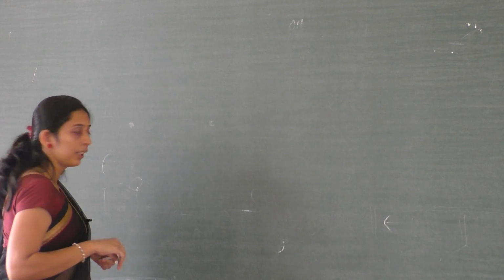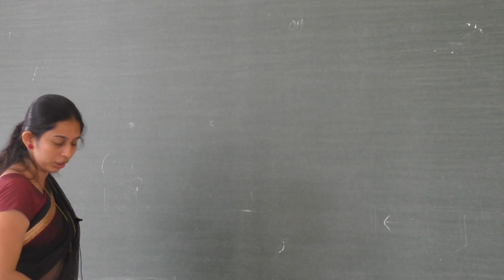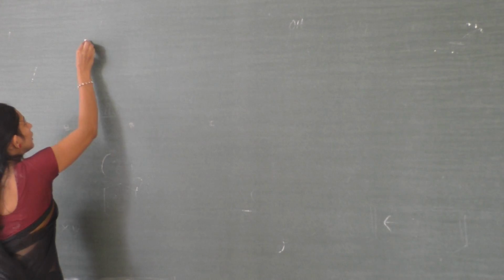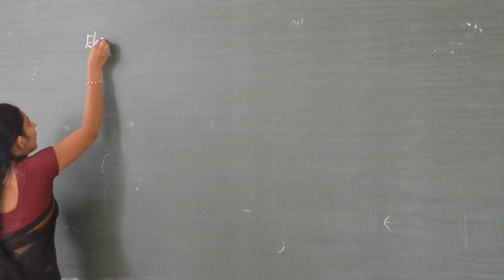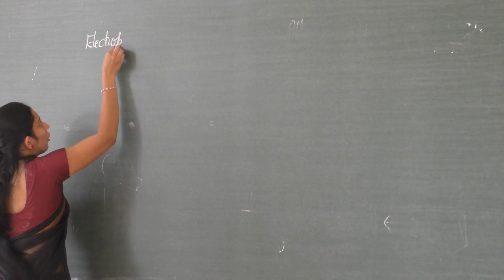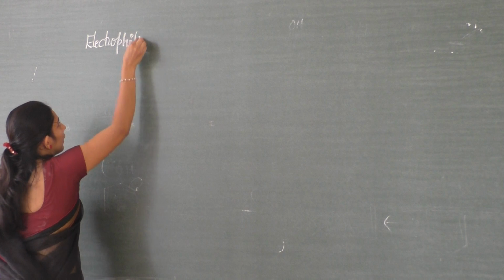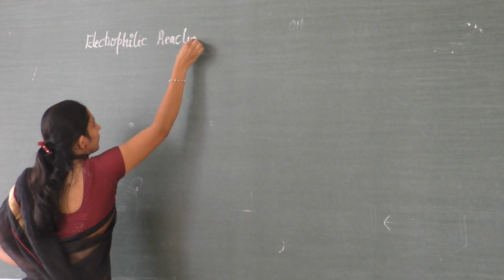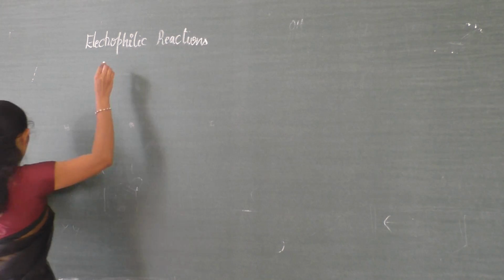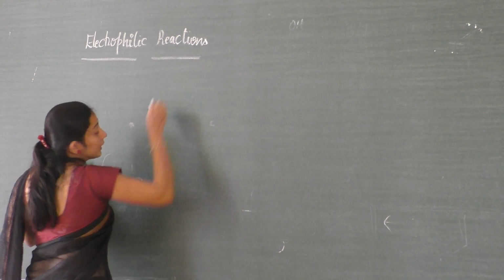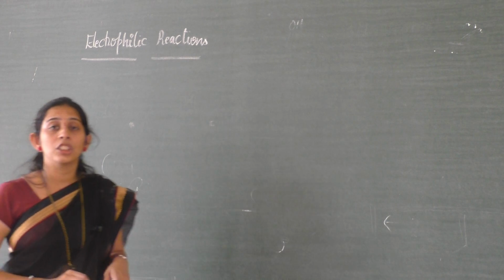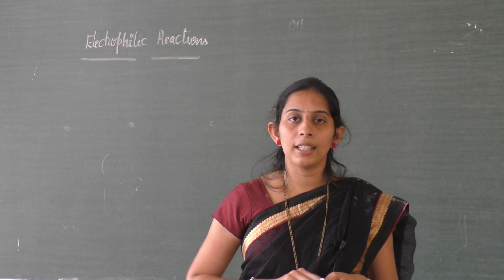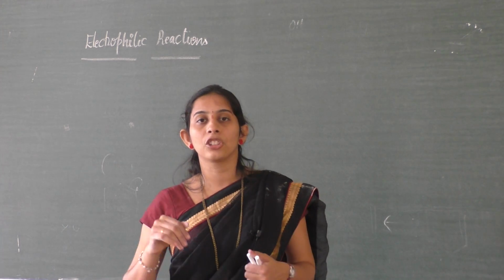So we'll move on to the next topic, the chemical properties, in that the electrophilic reactions. What are the electrophilic reactions of phenol? An electrophilic reaction means an electrophile comes and attaches to the phenol.